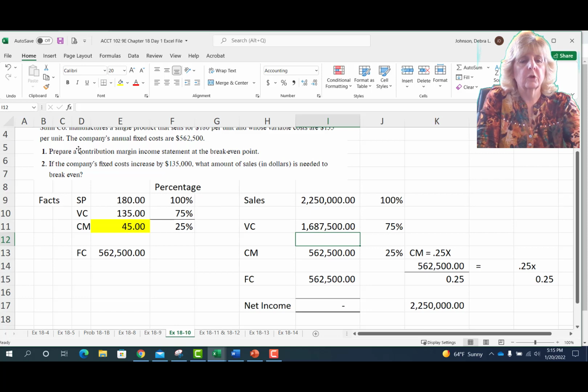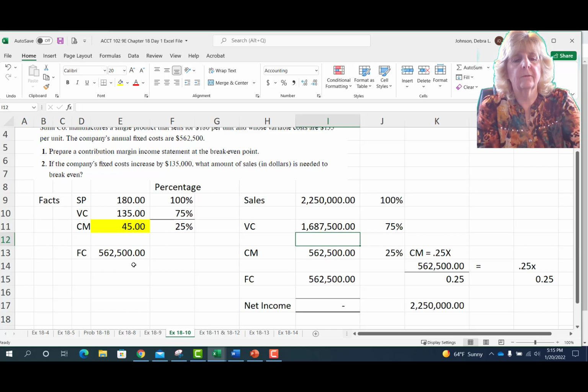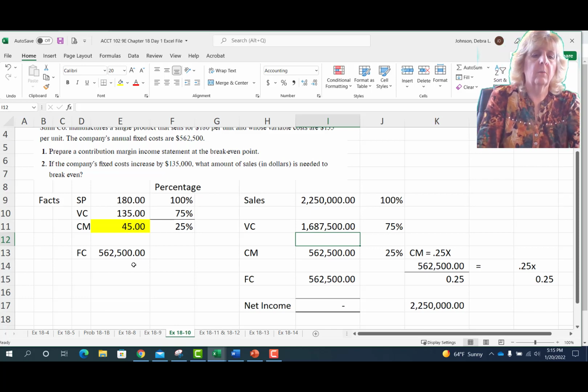And then number 2 will have you do the same process again, but in this case, they're going to increase the fixed costs. So you would go through the same problem with the increased fixed costs. Take a moment to do that and we'll compare answers.